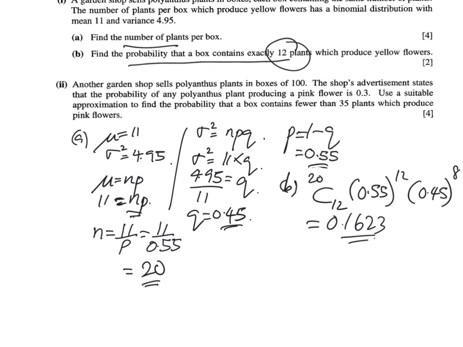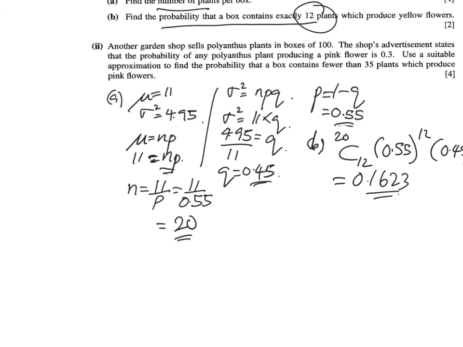For the next part, another garden shop sells polyanthus plants in boxes of 100. The shop's advertisement states that the probability of any polyanthus plant producing a pink flower is 0.3.